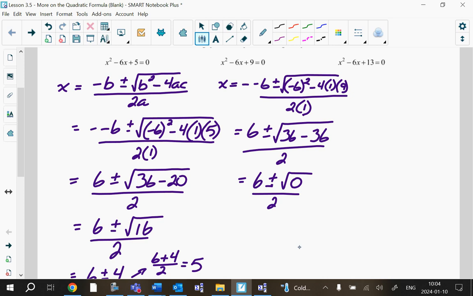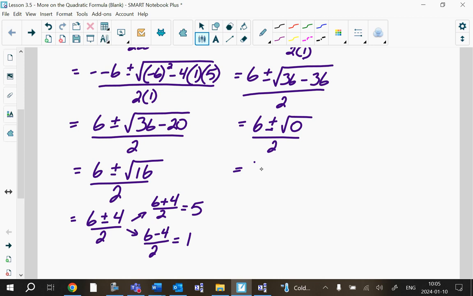What can I do with that square root? What do you mean by simplify? You can absolutely take the square root of 0. What is the square root of 0? 0. So doesn't this work out to 6 plus minus 0 divided by 2?